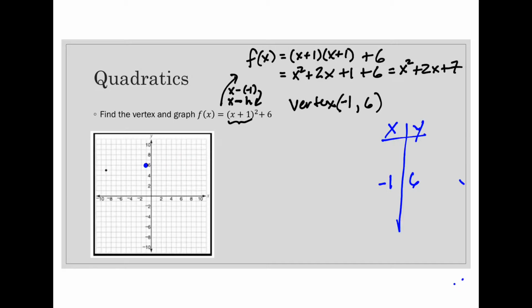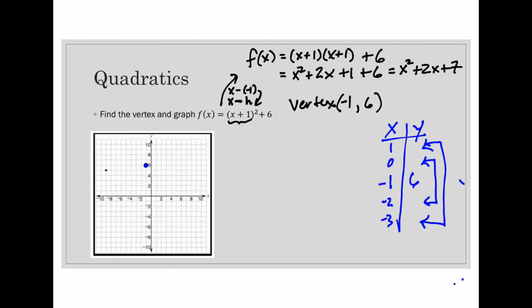So in this case, I'm going to plug in 0 and positive 1, and then negative 2, negative 3 should be the matching points. Remember, these two should be symmetrical, and they are both equal distance from the vertex. All right, so f of 0. 0 is nice.